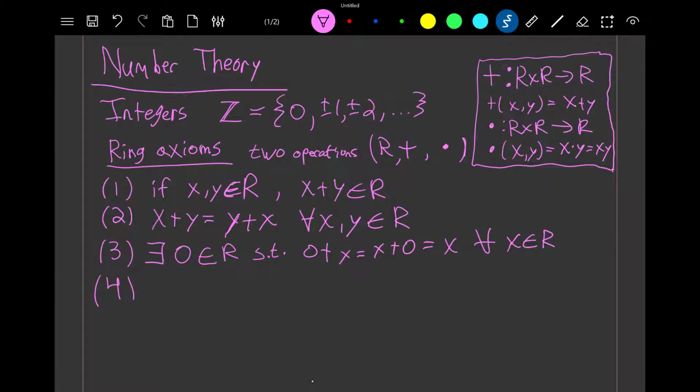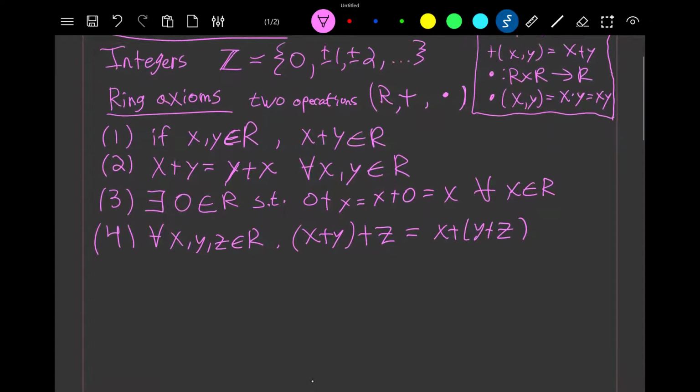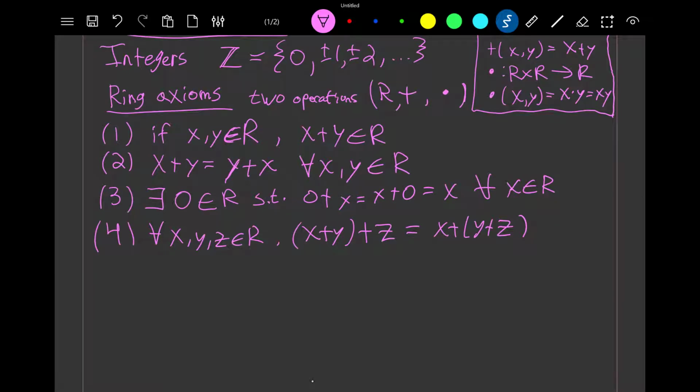What else? We have an associativity law. So for every x, y, z in the ring, if we have three elements, if we do x plus y plus z, this is the same as x plus y plus z with the parentheses moved.